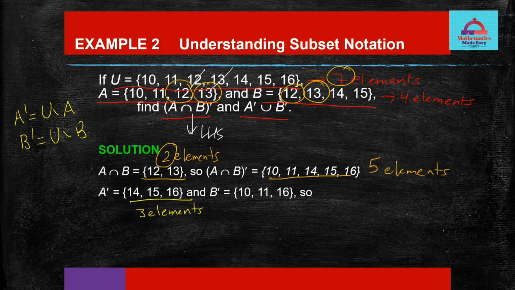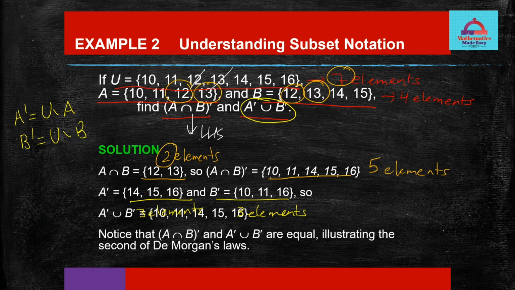So this is what you are going to get for the two sets. Now we just need to take the union of these two so that we can get A complement union B complement. We are not going to repeat the elements which are common in both, so it will have the same 5 elements.